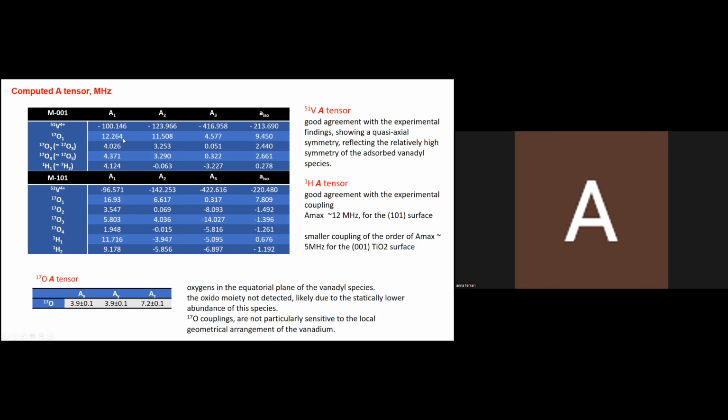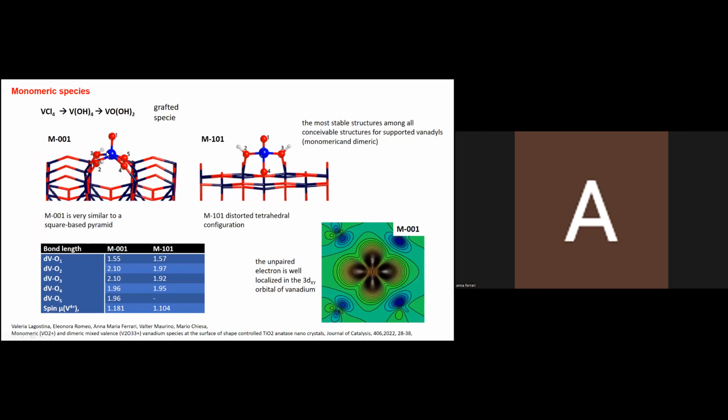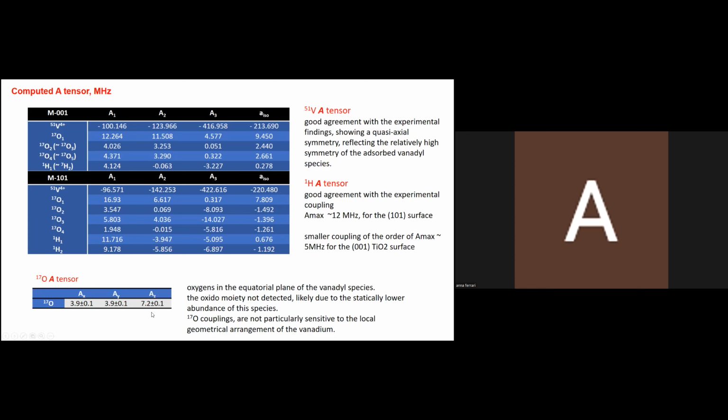It is close to the equatorial oxygen, so the oxygen almost in the plane of the vanadyl. And so we think that this can probe mainly this kind of oxygen. But also, this not very fine definition of these components tells us that this coupling is not particularly sensitive to the geometric arrangement of the vanadium.